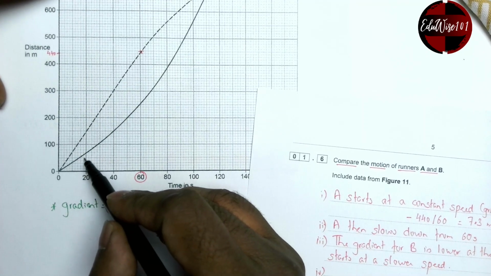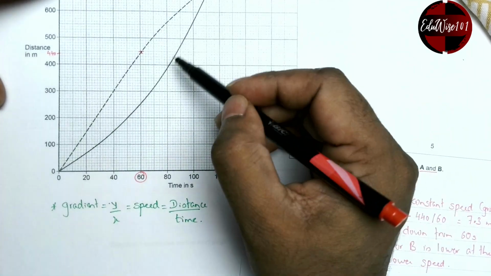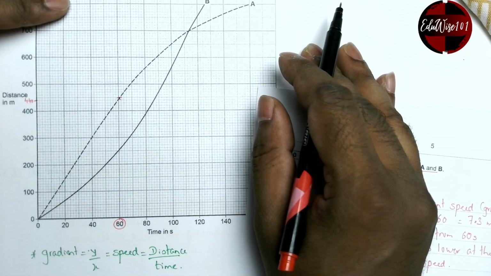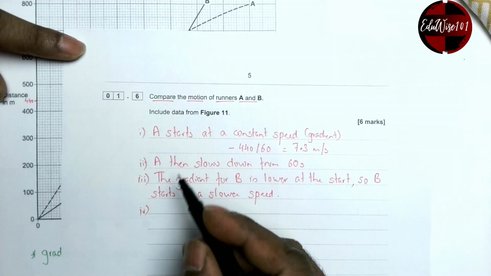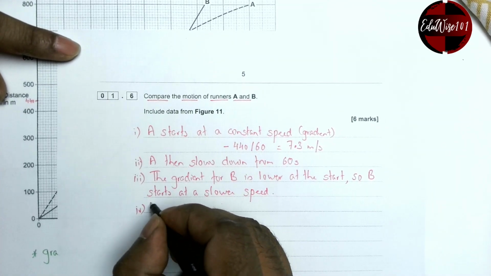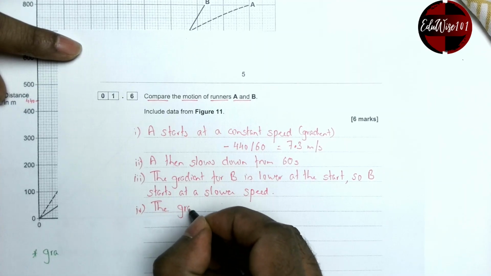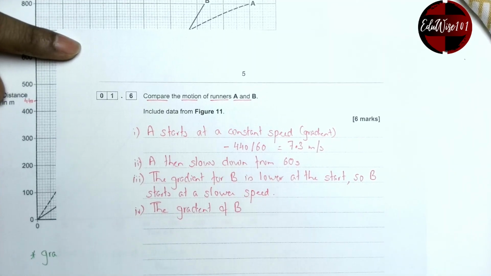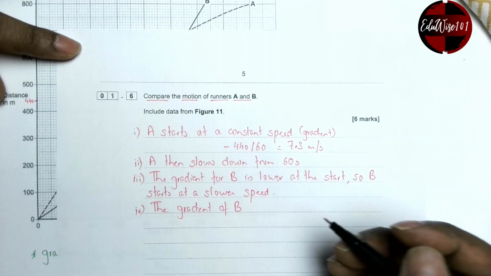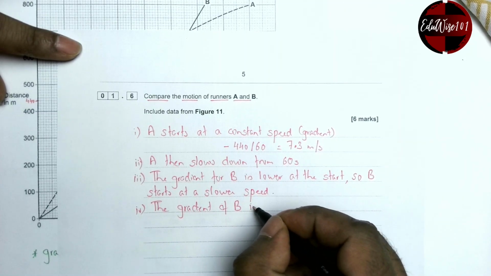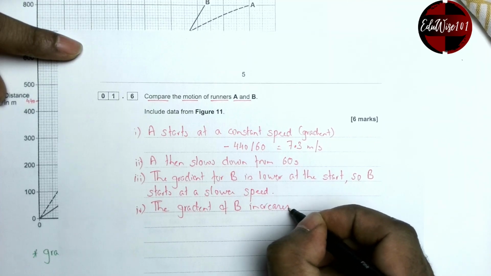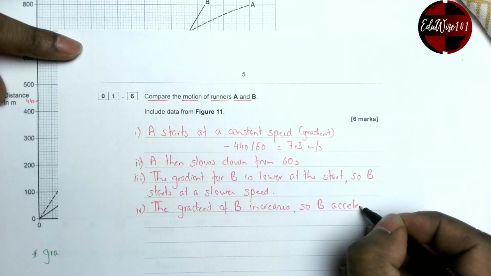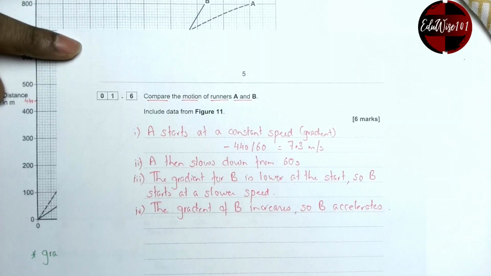So what is happening to the gradient of B? It's actually getting more and more steeper as the race progresses. So the gradient of B increases, so B accelerates.